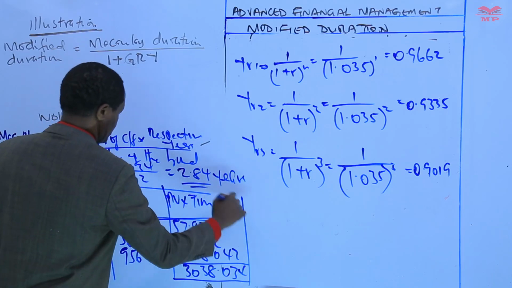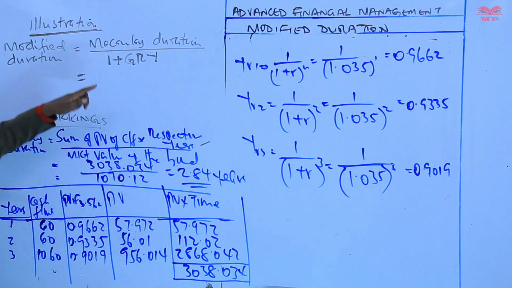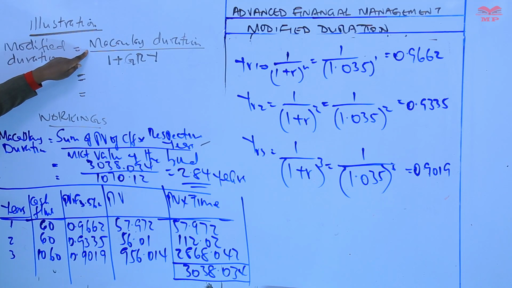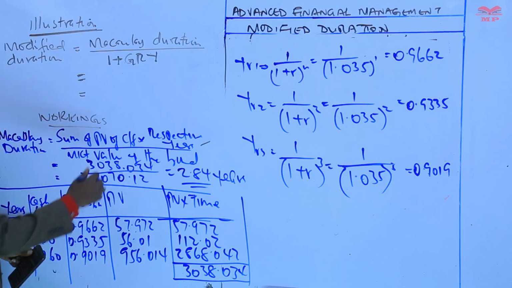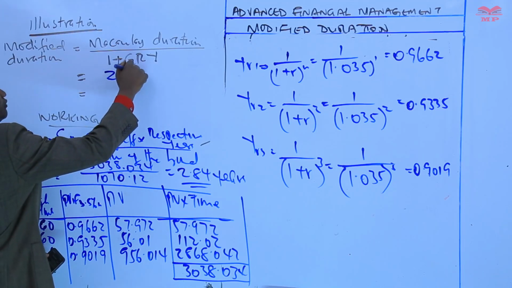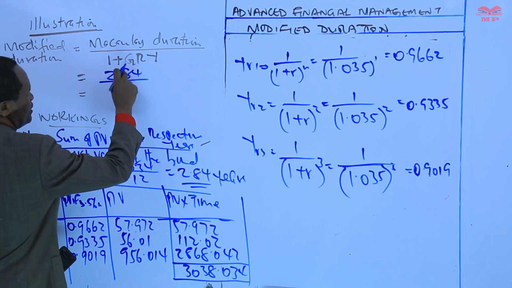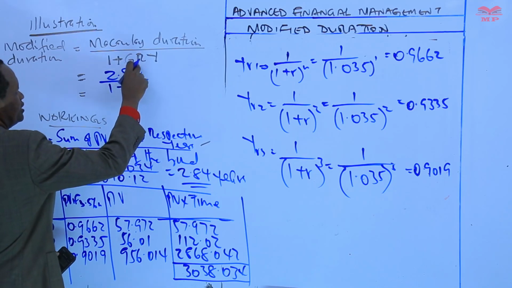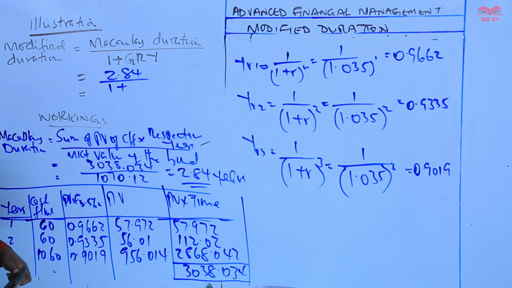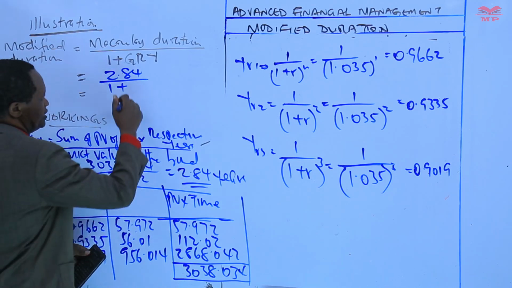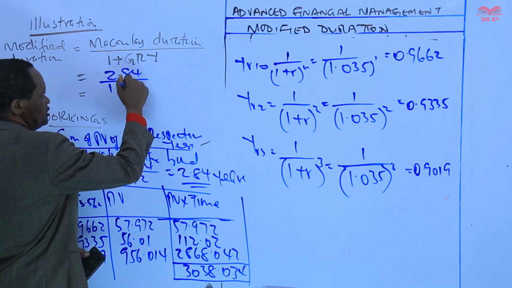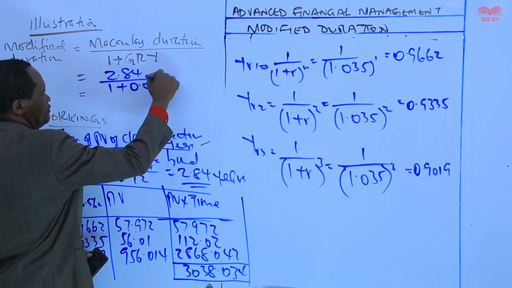That is the Macaulay duration, and that is the numerator here. We divide by 1 plus the gross redemption yield. The gross redemption yield we know is 3.5%. Converting to decimal, this is 0.035.